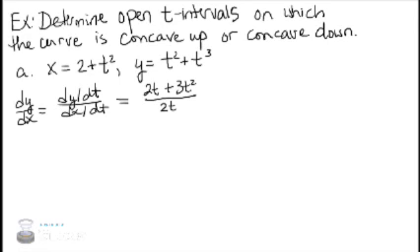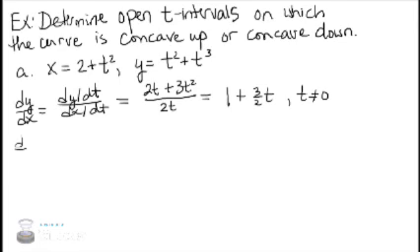Okay, and let's go ahead and simplify that. So that is dividing both parts by 2t. We're going to have 1 plus 3 halves t, as long as t is not equal to 0, it's undefined at 0. All right.